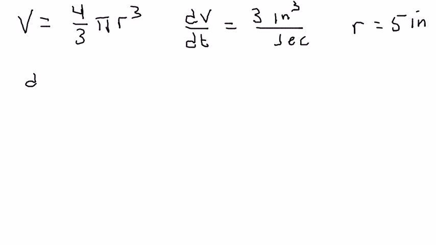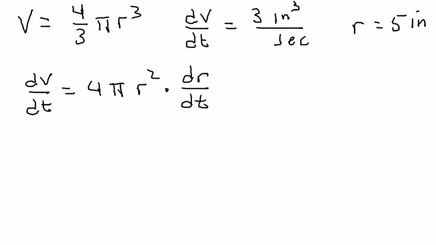On the left-hand side, dV over dt is equal to, when I take the derivative of this side, 4 pi r squared times dr over dt. dr over dt is our variable in this particular scenario. Plug in the values that I know. For dV over dt, I have a 3. That equals 4 pi. For r, I know that's 5, and I'm going to square it, times dr over dt.